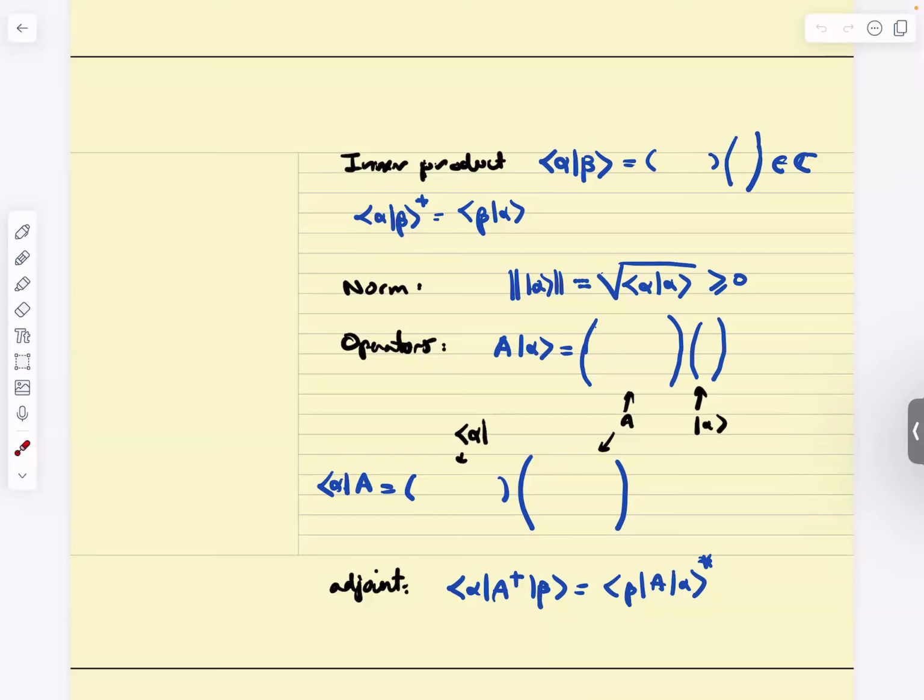Then we said that you're probably familiar with real vector spaces. In that case, it's a similar story, but we define the length of a vector as the square root of the bracket of the vector. Now here, the notion of a length for complex vectors, we call it a norm, and it's just the square root of the bracket of alpha with itself.